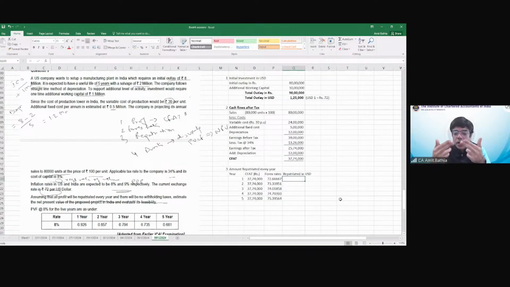INR upon USD. You are going down the ladder. Down the ladder is divide, right? Divide. So 37 lakh 74,000 divided by forex rates. So I get repatriation in USD for the 5 respective years. Are you with me?